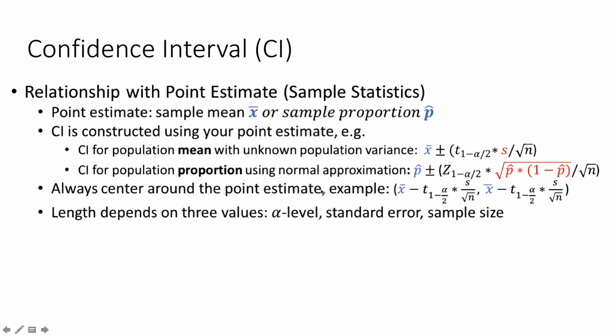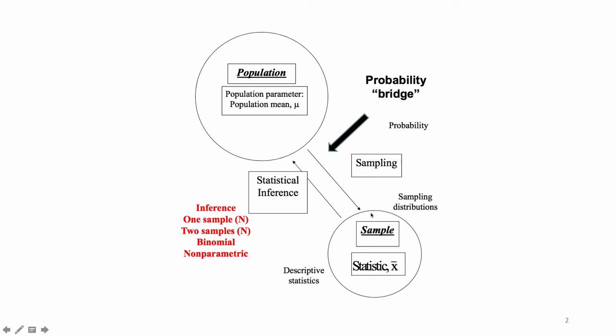Okay, so what is a confidence interval? Sometimes you get confused about this kind of concept. So, the relationship between the confidence interval and the point estimate. What is a point estimate? That's the sample statistic. So let's go back to a slide. This is the sample statistic, right?